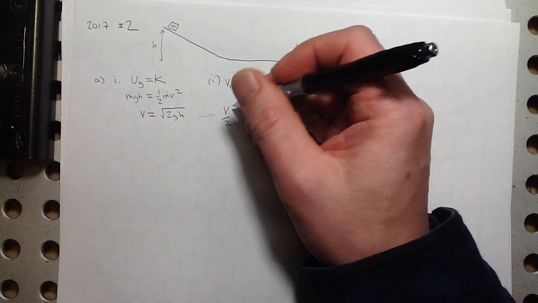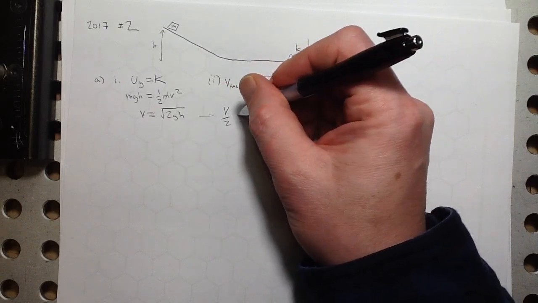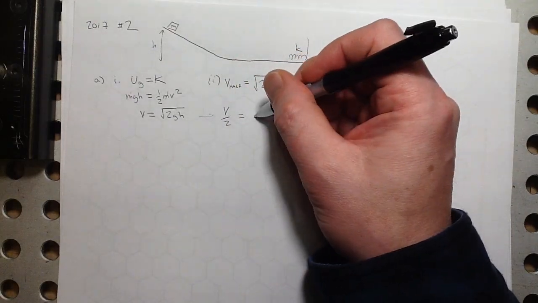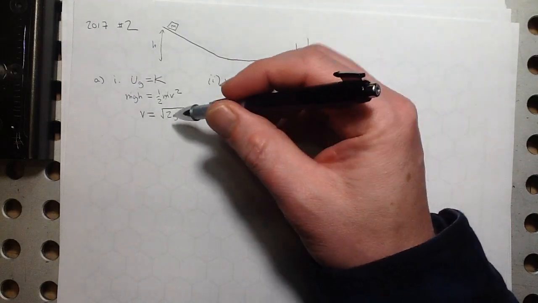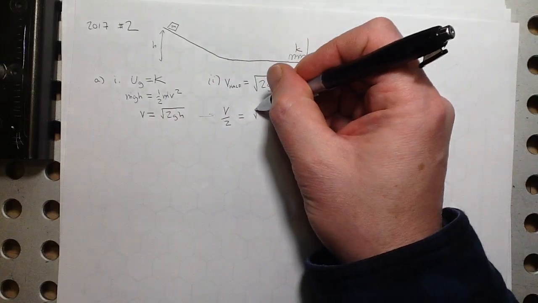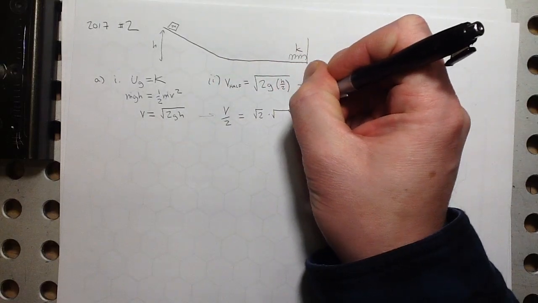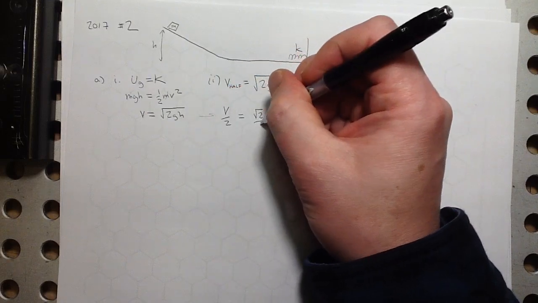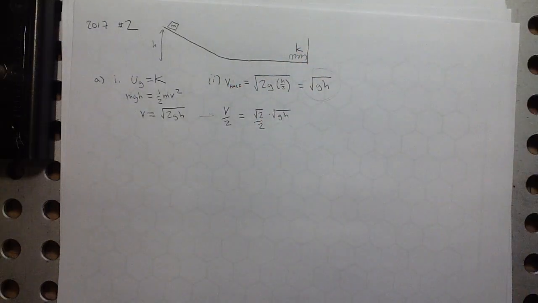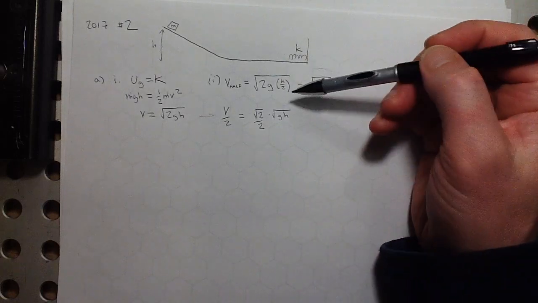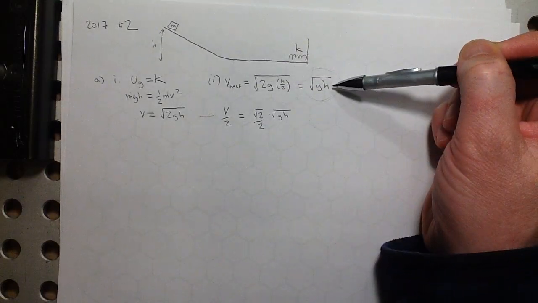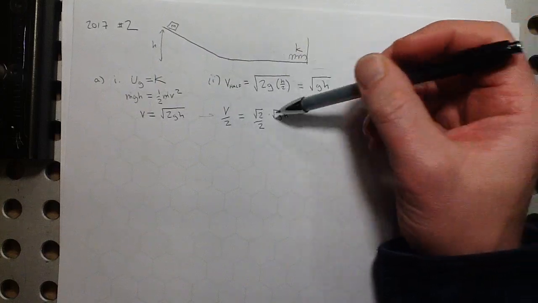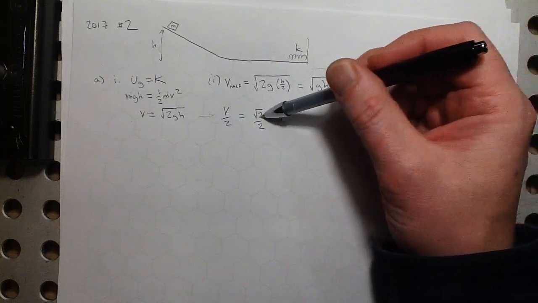Just taking this velocity and dividing it by 2, I would get the square root of 2gh over 2. Now the difference between these two: the velocity at halfway down is the square root of gh, and v over 2 is the square root of 2 over 2 times gh.